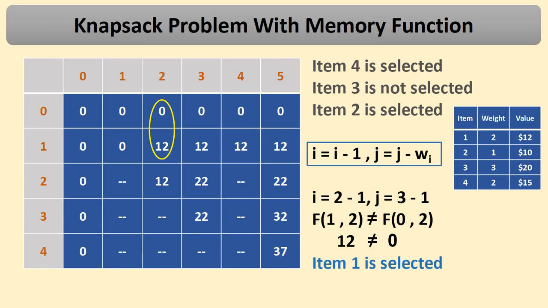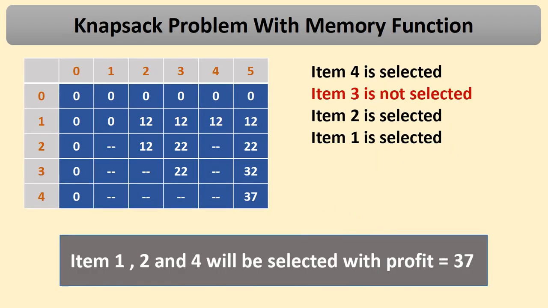The element present in 1 comma 2 is 12 and in 0 comma 2 is 0. Are they equal? No. So it satisfies the condition. That means I can select that item. So item 1 is also selected.